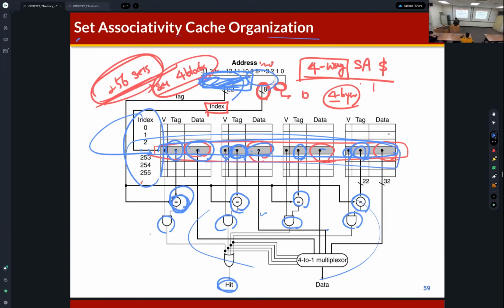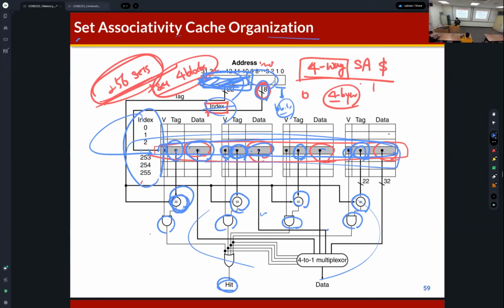Which means that 8 bits are allocated as the set index. Okay, and then as you can see, the last 2 bits are the block offset. The block offset determines the size of a single block.